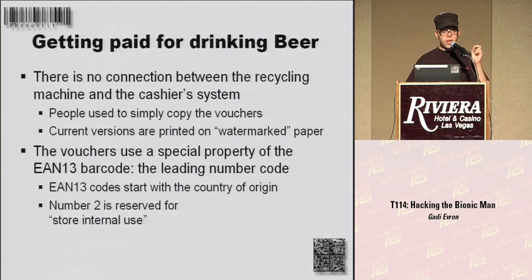And this EAN 13 is actually the super standard that UPC is under. Your UPC is actually missing a leading digit, a 0. That's why it's not printed. All other countries have a leading digit that says from which country this product comes. And there are special use digits too, for example, one used for store internal use.